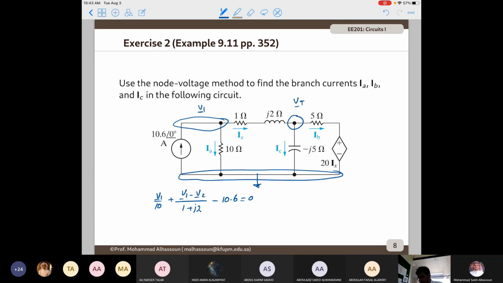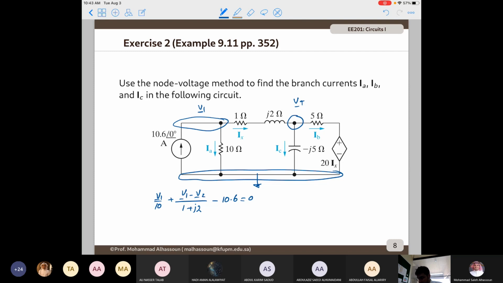If I simplify it, I will try to make sure that I don't have complex numbers in the denominator. So I'll multiply both sides by 1 plus J2.